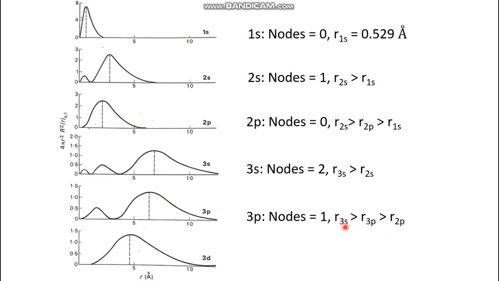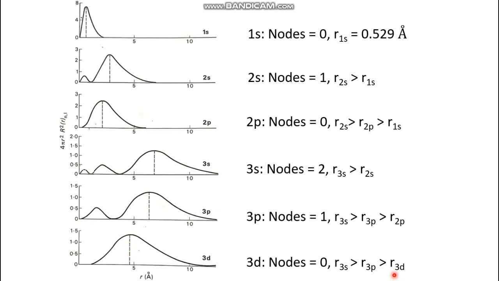And finally, 3d. 3d is definitely less than 3p, and 3p is less than 3s. Look, this is 3s, then 3p has shifted to the left, and 3d has further shifted to the left. So this has the lowest distance.